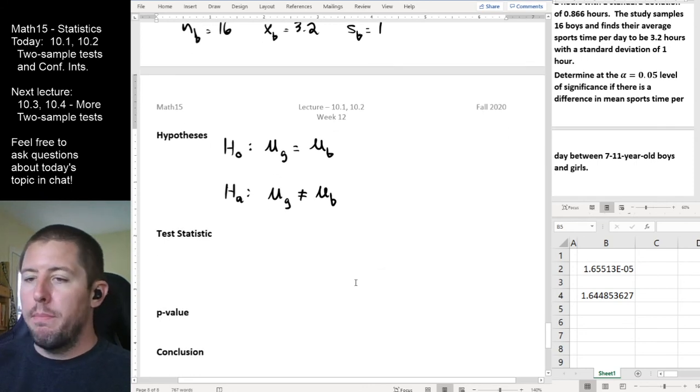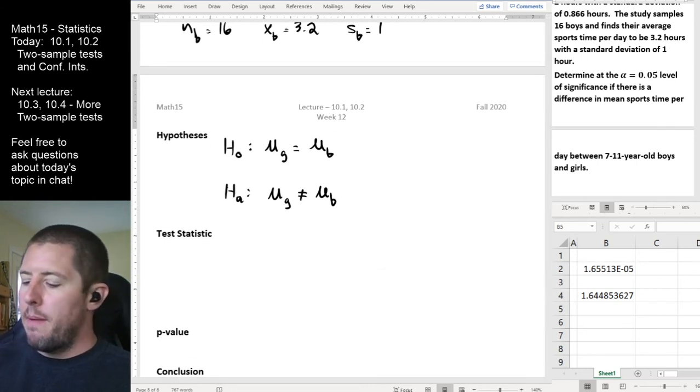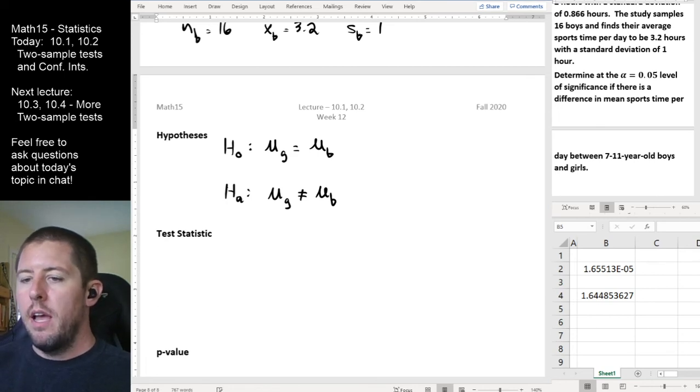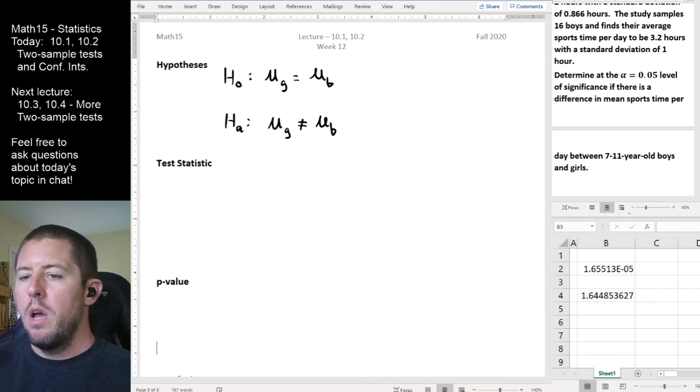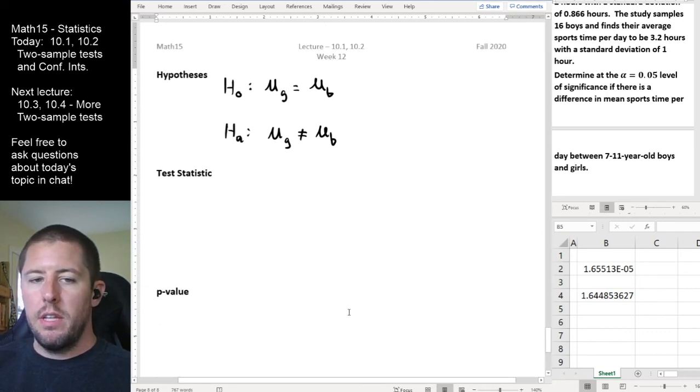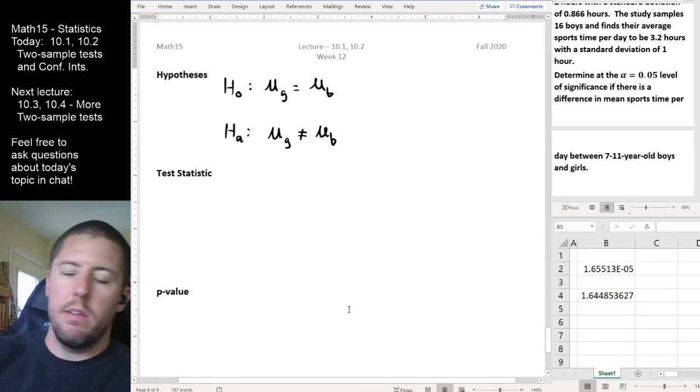Now we can go ahead and compute our test statistic. The thing I'm noticing for our test statistic is that we need to compute a t-test statistic because we only have the standard deviation of the sample and we do have small sample sizes.